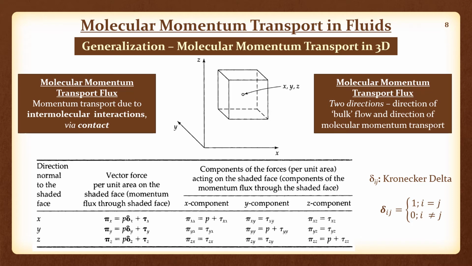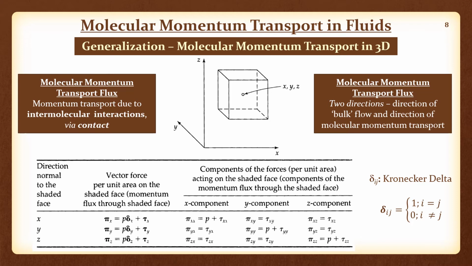Now keep in mind that this is molecular momentum transport flux. It is momentum transport due to intermolecular interactions via contact. The molecular momentum transport flux again involves two directions. One direction being the direction of bulk flow and the other direction being the direction of molecular momentum transport.